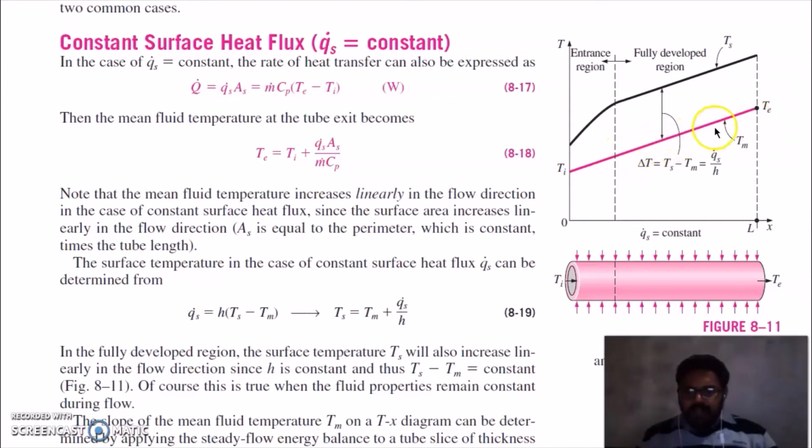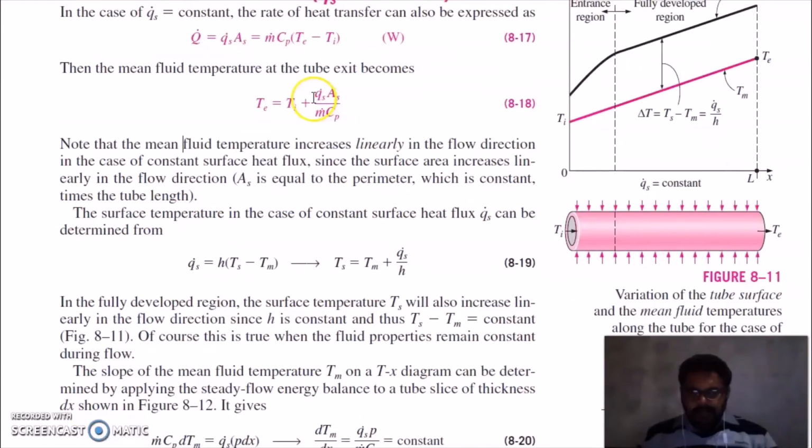The linear increase in Tm can be justified from this factor, which contains the area As. Note that the mean fluid temperature increases linearly in the flow direction in the case of constant surface heat flux, since the surface area increases linearly in the flow direction. So qs is constant, m is constant, Cp is constant, and only As is varying.